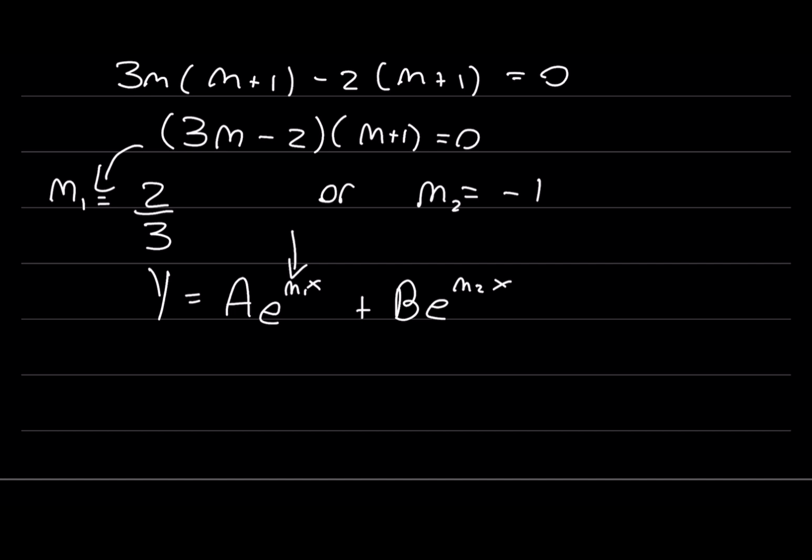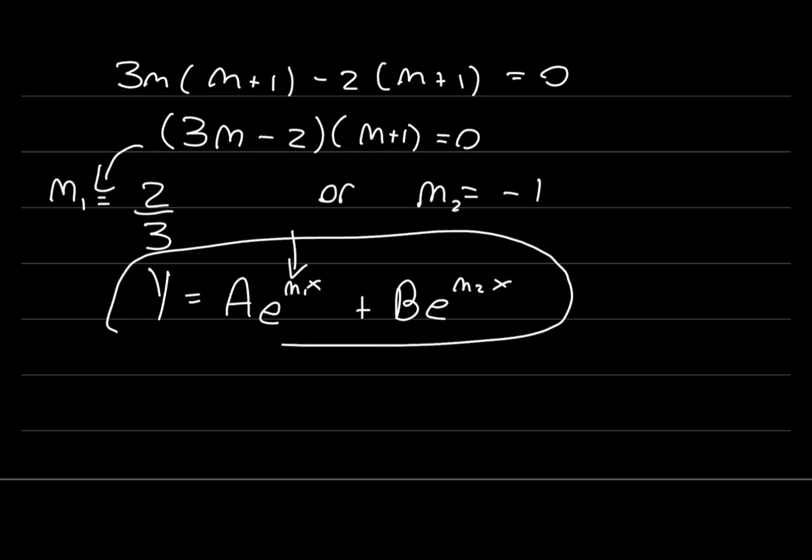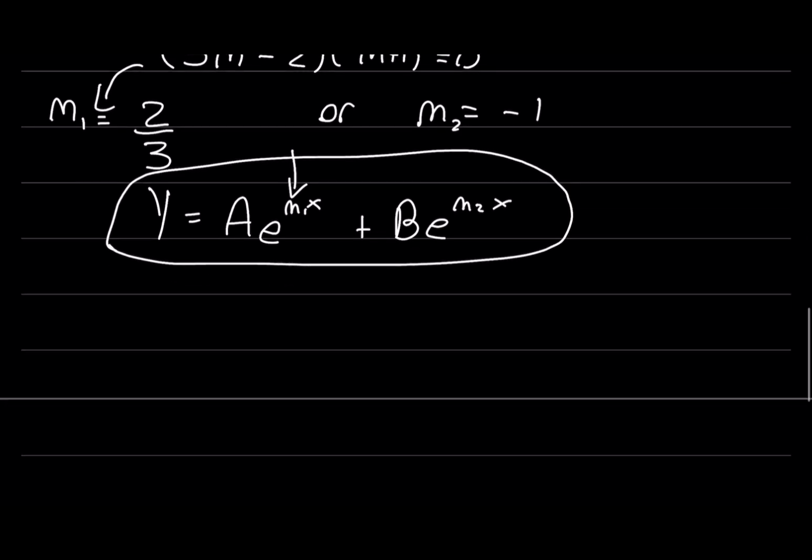Legitimately, you only have to know how to solve quadratic equations, but you also have to know this general formula. Once you know that, you just have to substitute it. Our m1 value is 2 over 3, so y is equal to a times e to the power of 2 over 3 x plus b times e to the power of -x. And that's all we have to do for that.